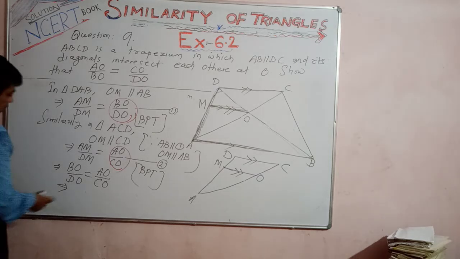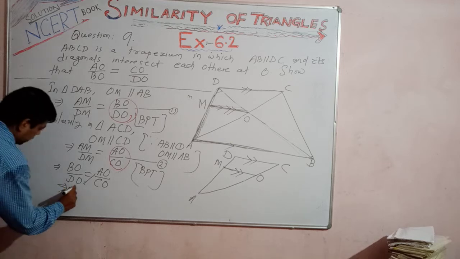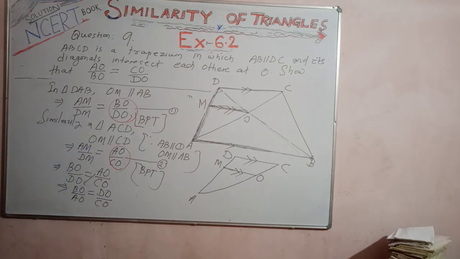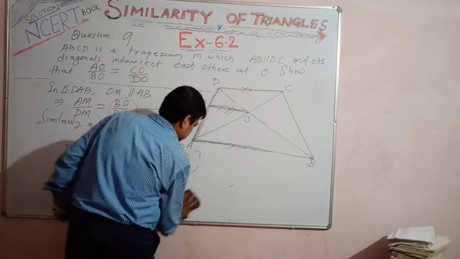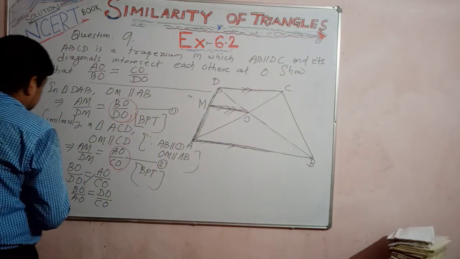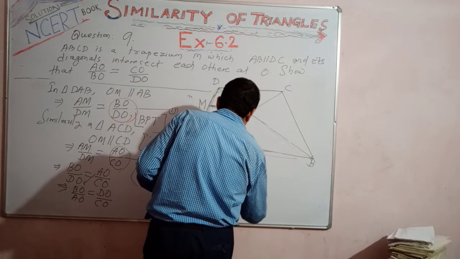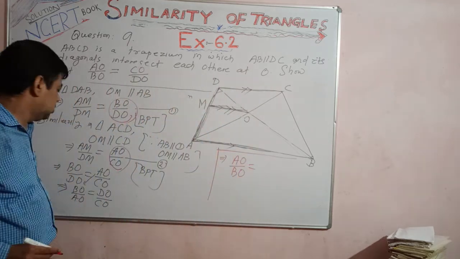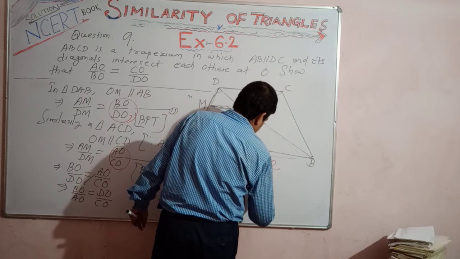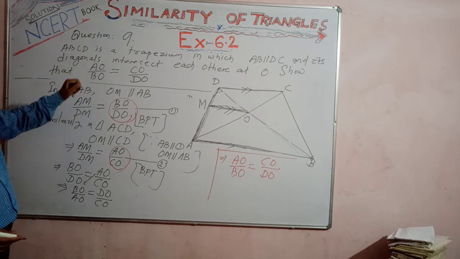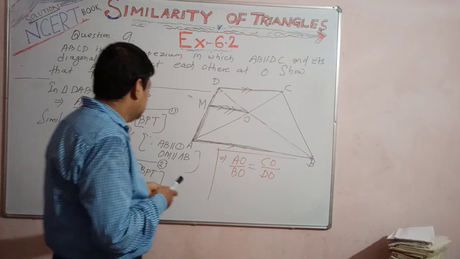Transposing, taking AO to the left hand side, BO upon AO is equal to DO upon CO. Now just take the reciprocal, and you will get AO upon BO is equal to CO upon DO. This is what you had to prove.